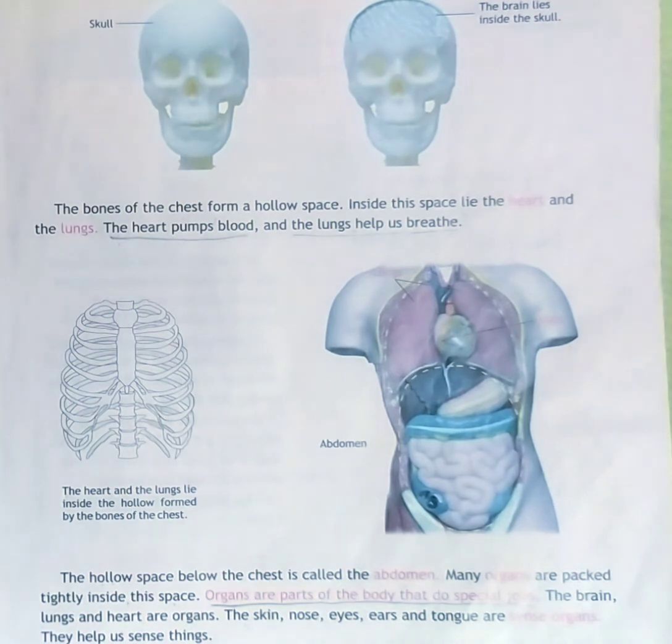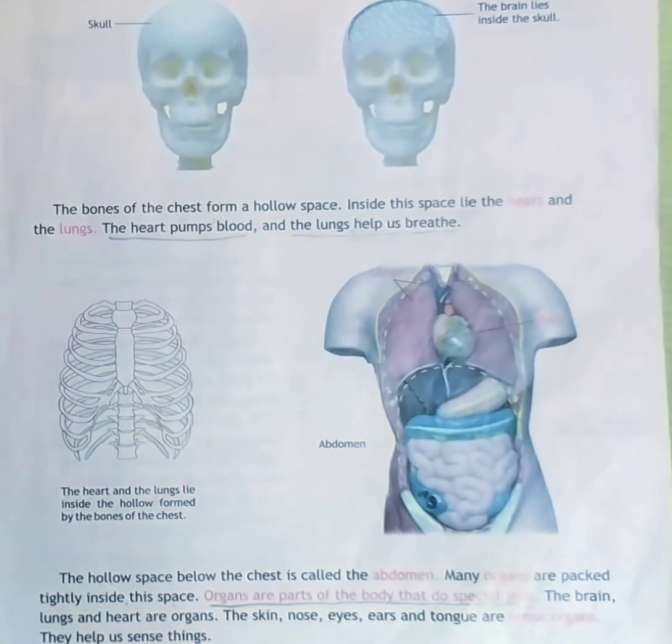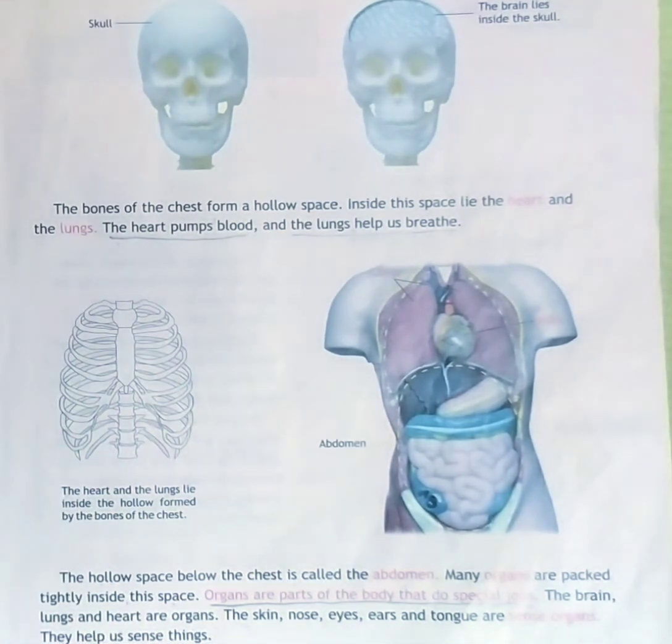The brain, heart, lungs, and kidney are all parts of the body, and they are also organs. Organs are the parts of the body that do special jobs.